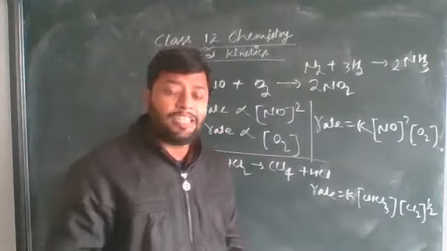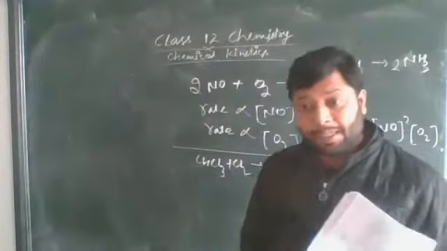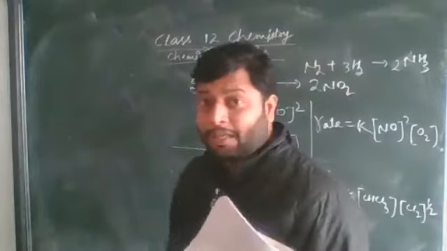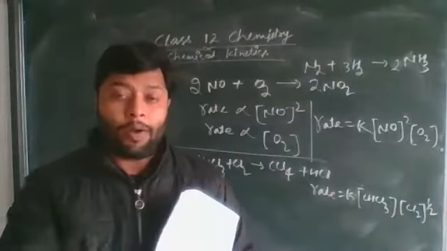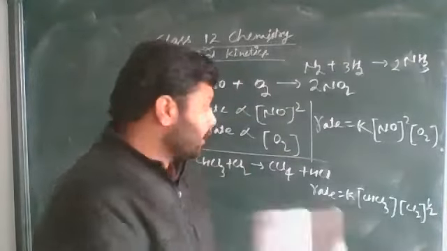This is some general information and concept about the rate law and its expression. Now we'll try to learn what is the meaning of order of the reaction here. Order of the reaction.